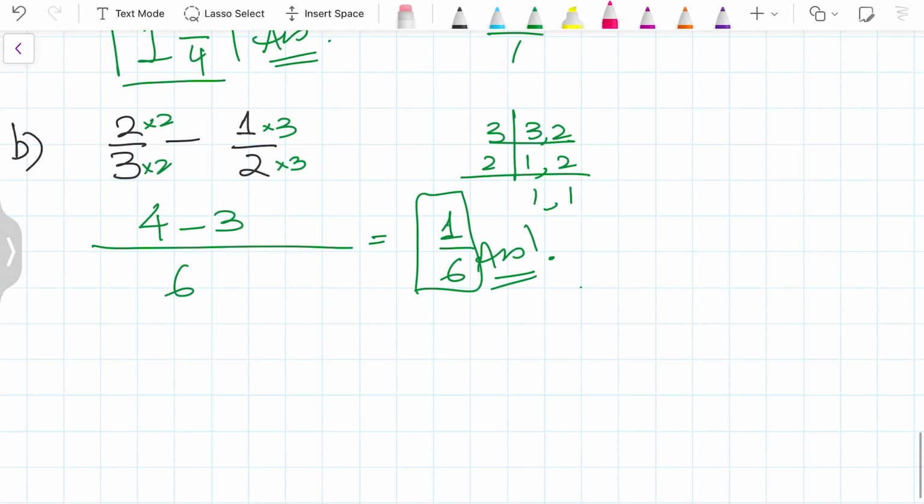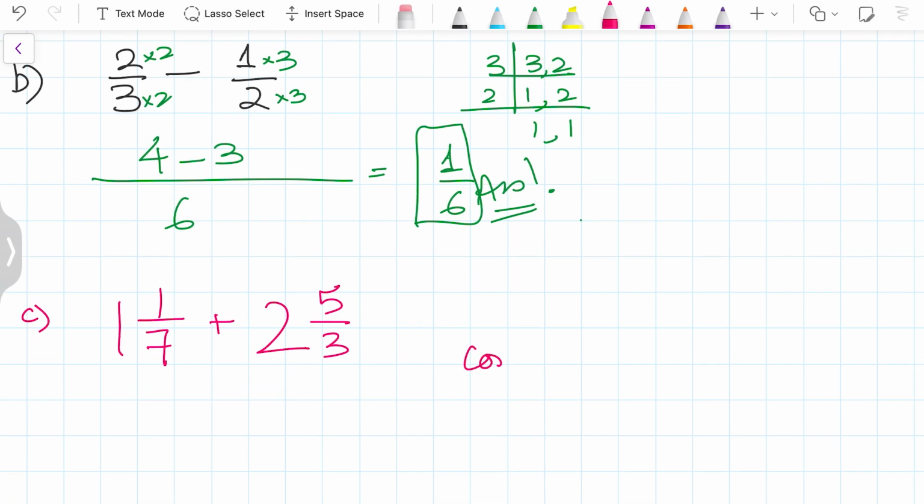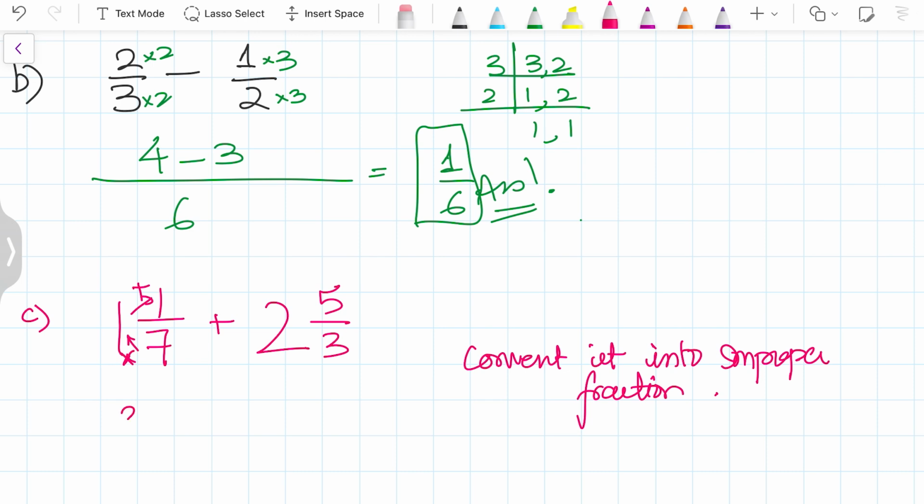Alright, let's take another example of a mixed fraction. For example, if you have 1 whole 1 upon 7 plus 2 whole 5 upon 3. Convert it into improper fraction. 7 times 1, 7 plus 1, so it becomes an 8 upon 7, plus 6 plus 5 is an 11 upon 3.